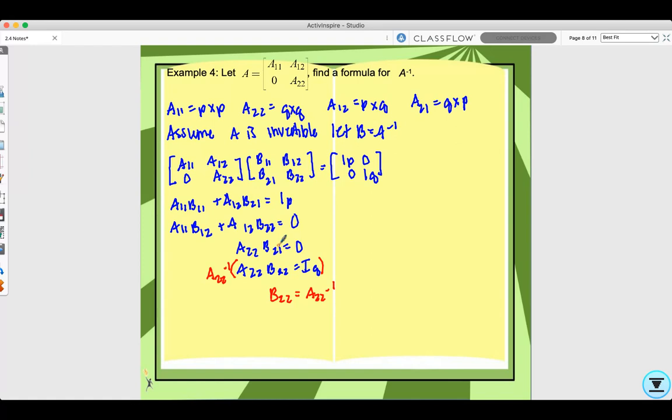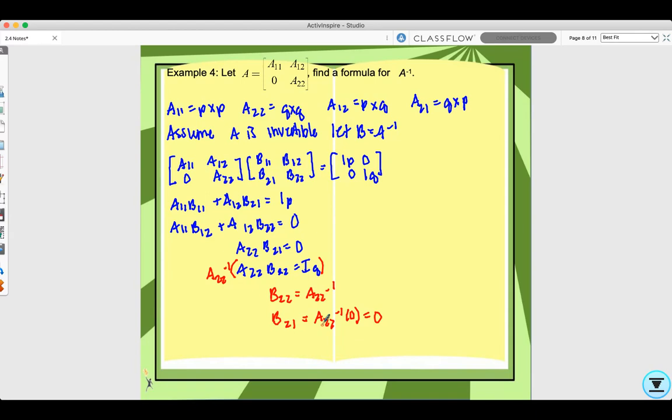So B21 equals A22 inverse times 0 to get rid of this A22, which equals 0. That would be my second one.